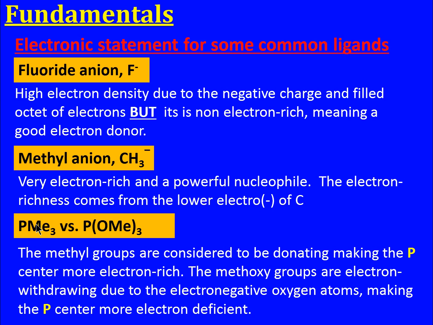The methyl group is a good donor group, so it will increase the electron density around P, and in this case, P will donate the maximum of its capacity to the metal M, so P(CH3)3 is a good donor ligand.